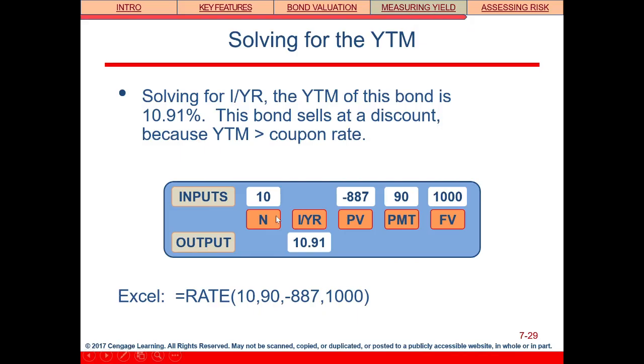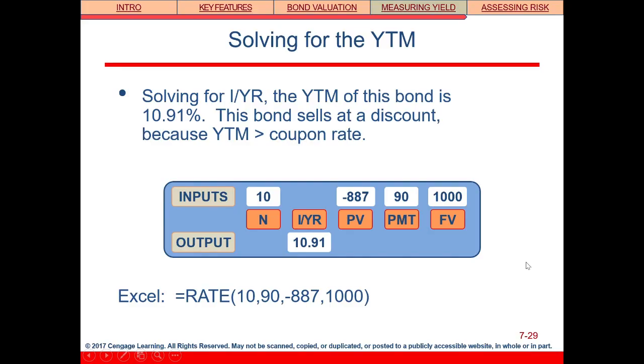So you see N equal to 10, present value is negative $887, PMT is $90 positive, future value is $1,000 positive, and then the required rate of return is 10.91. So that's the yield to maturity.